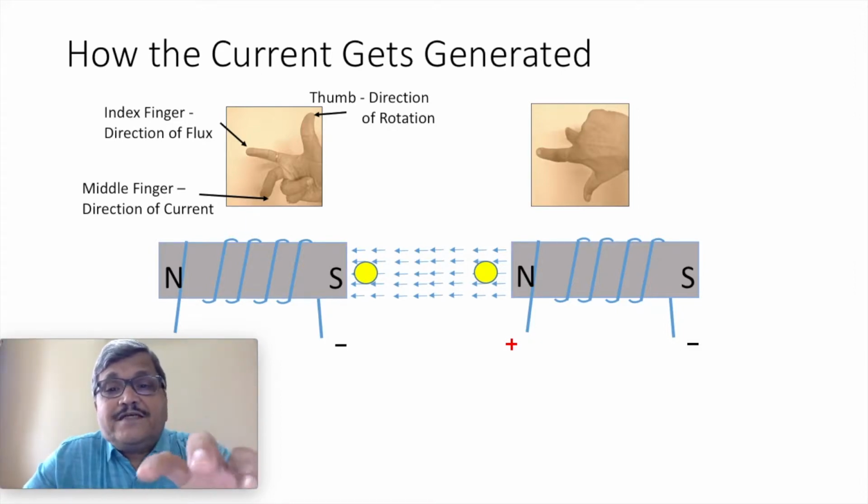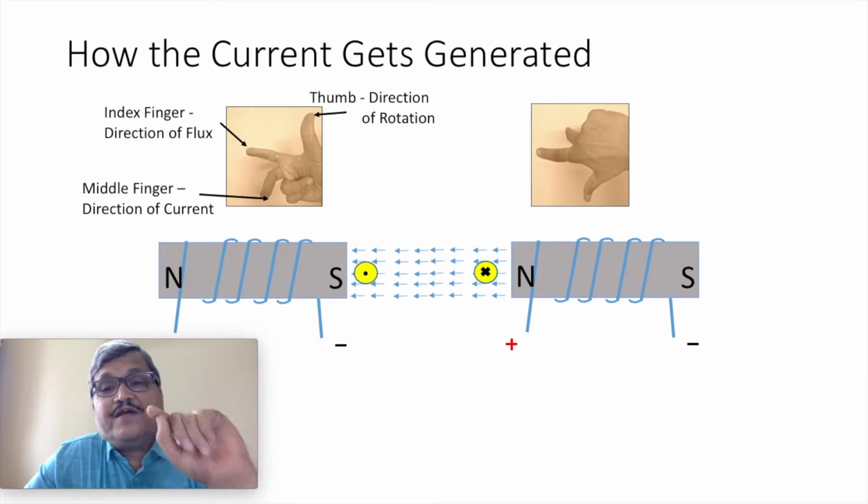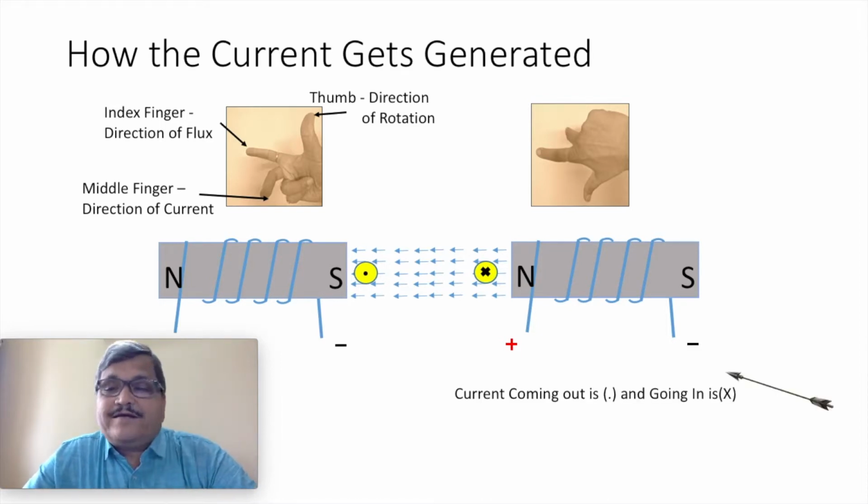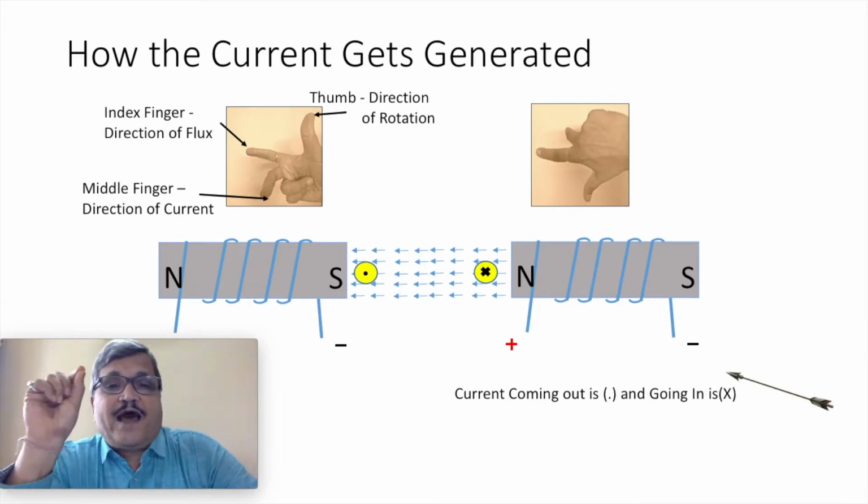Now how is this indicated in drawing, the current coming out and current going inside? It is indicated by a dot if it is coming out and by a cross if it is going inside. How to remember it? It is like an arrow. The arrow which is shot at you, you will only see a point of the arrow, the tip.